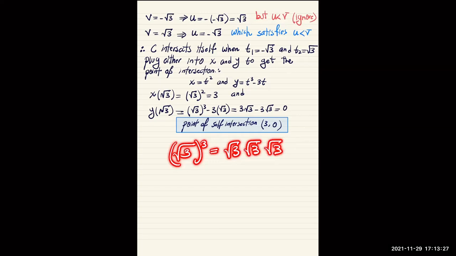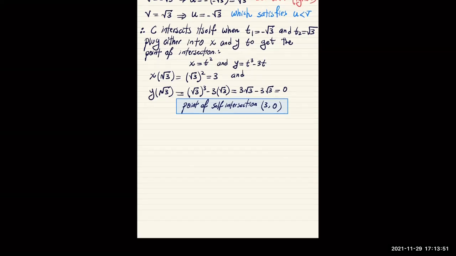And then those two root 3's multiplied out give you 3, and you have that extra factor of root 3. Oh, okay, got it. Or you could write it as root 3 squared times root 3, which is 3 root 3. Okay, thank you. No problem.